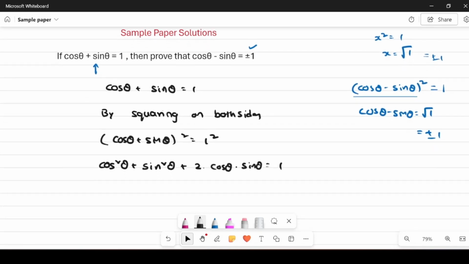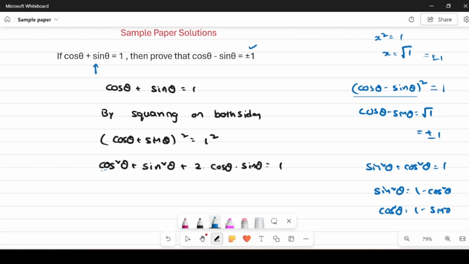Alright. Now we know that sin square theta plus cos square theta is equal to 1. That is the trigonometrical identity. Sin square theta plus cos square theta is equal to 1. So from this we can write sin square theta is equal to 1 minus cos square theta, or cos square theta is equal to 1 minus sin square theta.